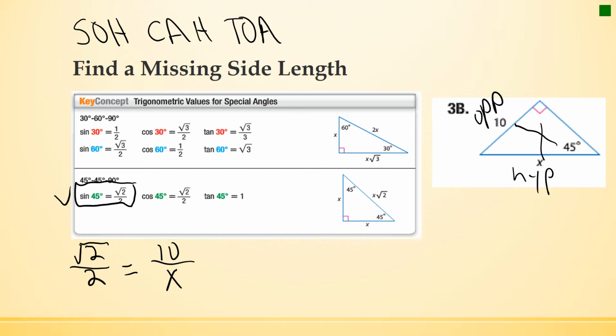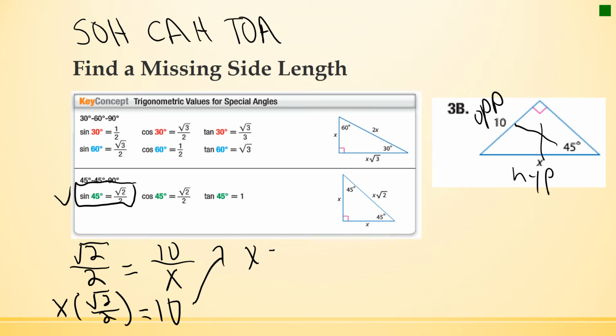Algebraically, if I'm dividing by x here, then I can multiply, and I can say that x times the square root of 2 over 2 is equal to 10. And then if I'm going to isolate the x, I can divide 10 by the square root of 2 over 2.